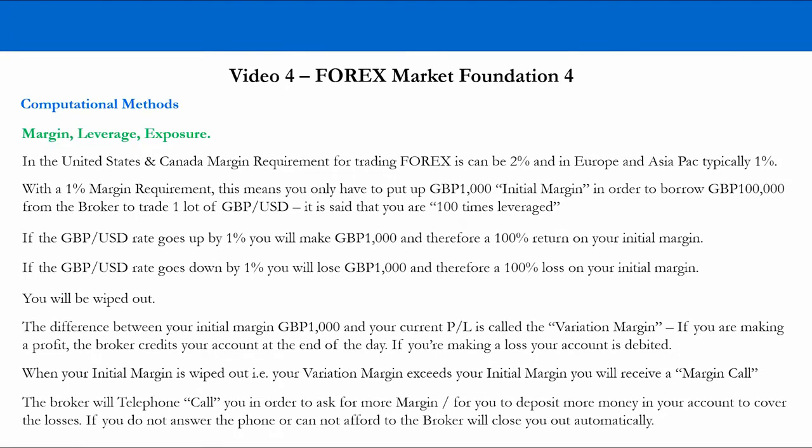Now, what's quite interesting is if we again look at things from the perspective of the retail Forex broker, because you may have noticed something as we've gone through this slide, that the brokers themselves use these terms called initial margin and variation margin and margin call.